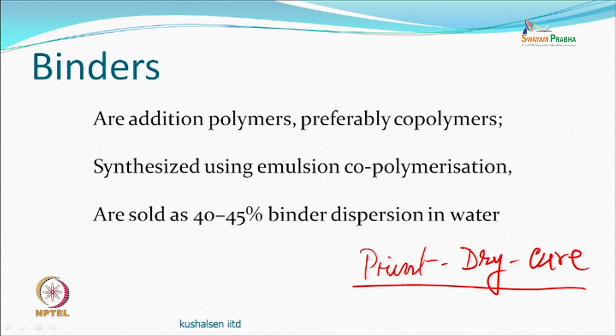So during curing the reaction and polymerization will take place. So you will have obviously some catalyst there to help it out. And they are also sold as dispersions. So you have a pigment dispersion, you have a binder dispersion, they can all be mixed very easily. And then you got to have a thickener.